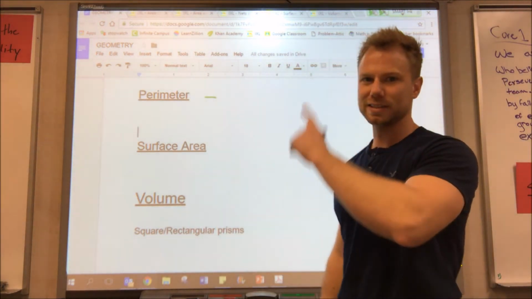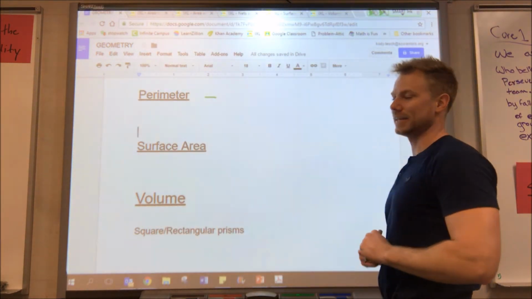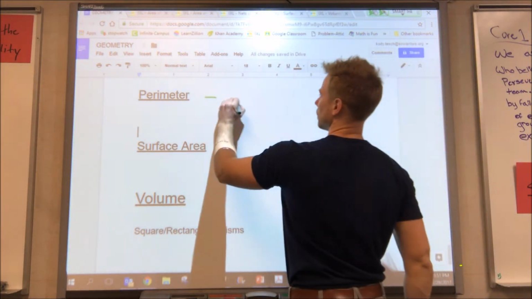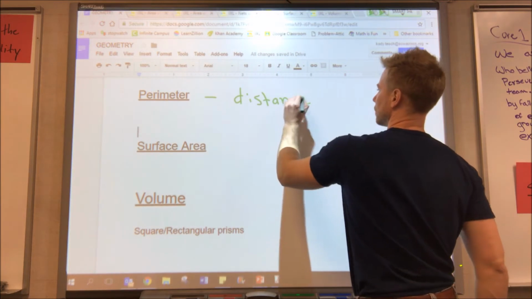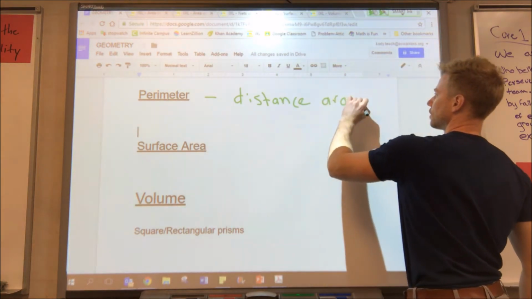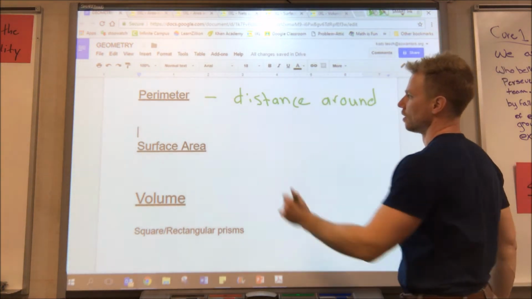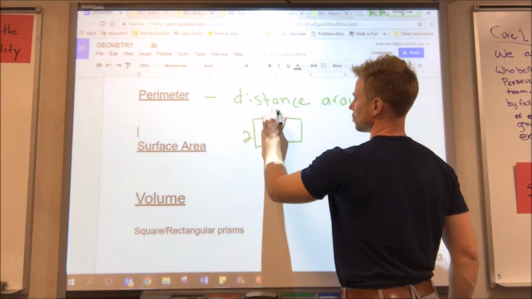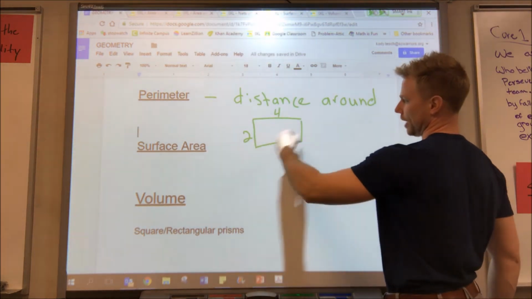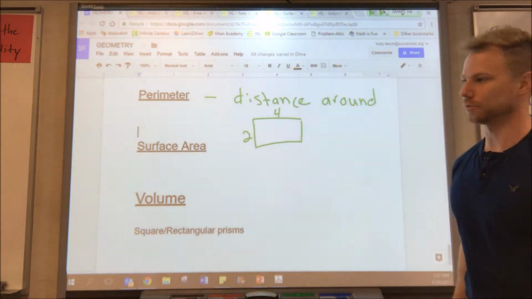Perimeter is just the distance around the outside of a shape. So I'm just going to say distance around. For example, if we had a rectangle and it was 2 and 4, you would add all 4 sides together. That would be the perimeter.